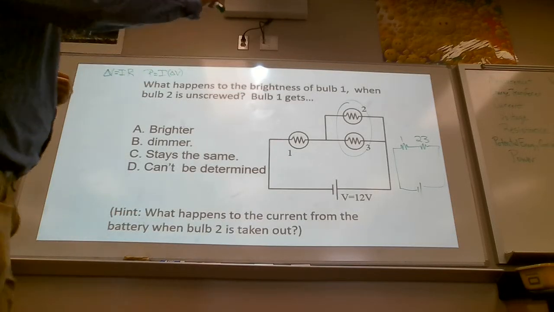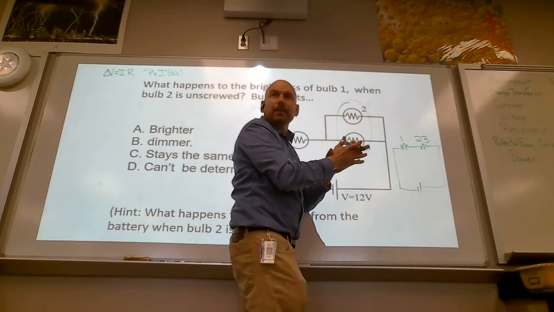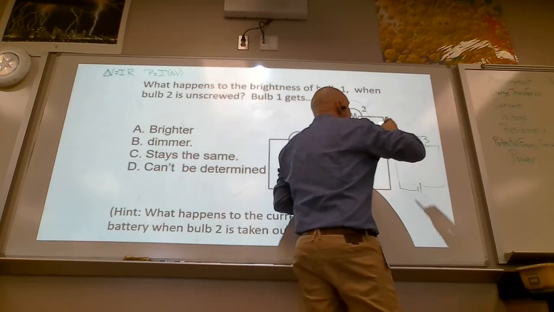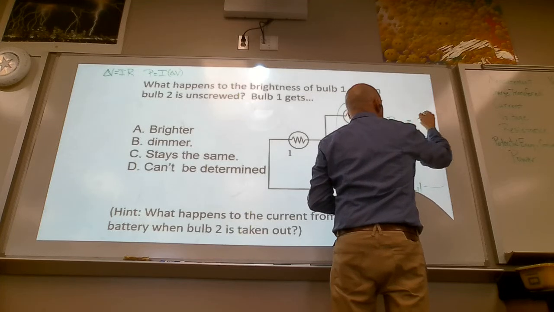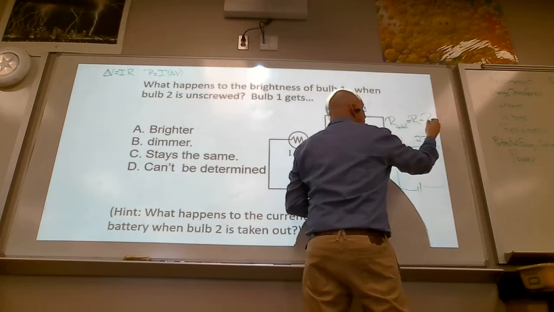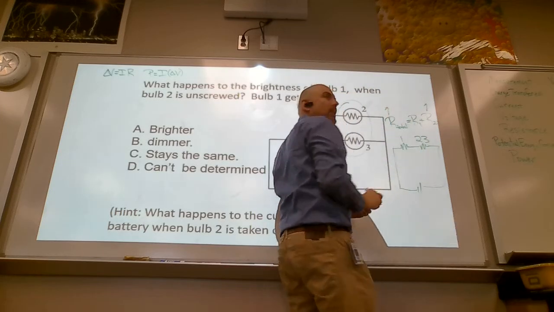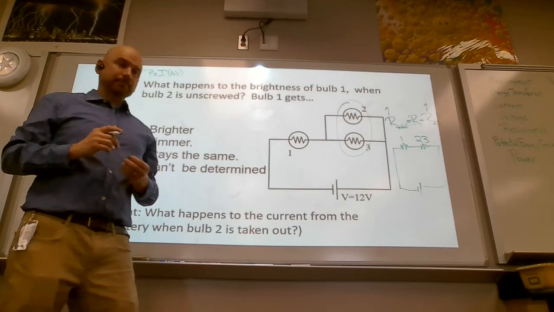It goes up because I took away a checkout line. Is everybody okay with that? Okay, so I just made that go up, so my total resistance is going up. You all right with that?